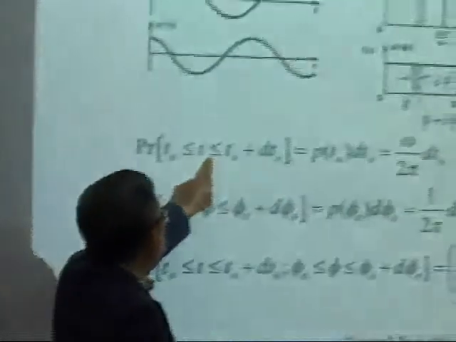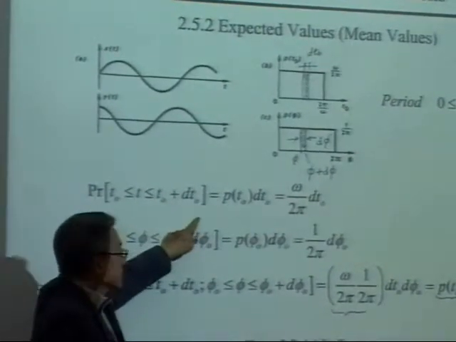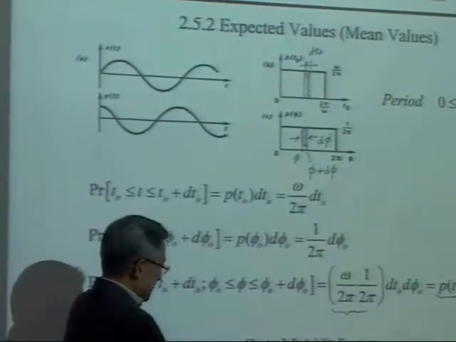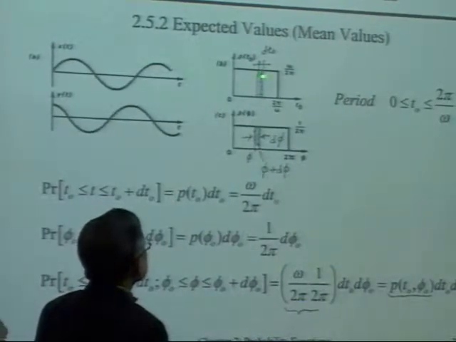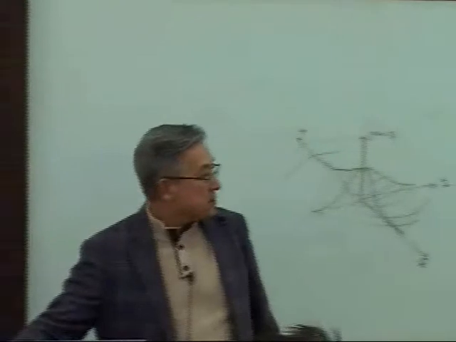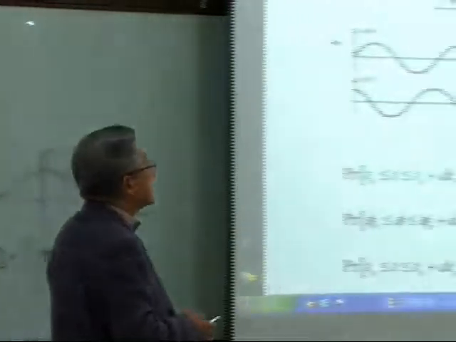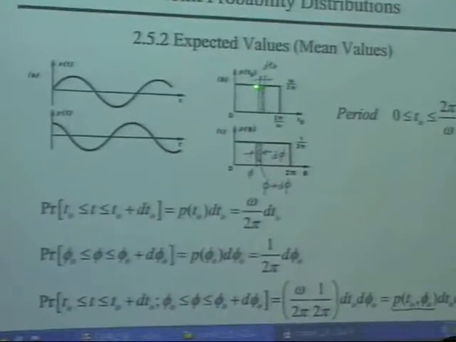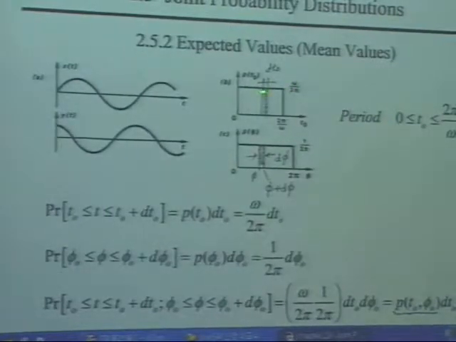Probability such that T is between T naught and T naught plus dt naught is equal to, so this is T naught, this could be T naught plus dt naught, which is simply the probability density function right here, a straight step function, uniform probability function.